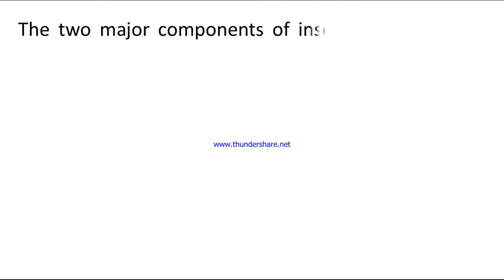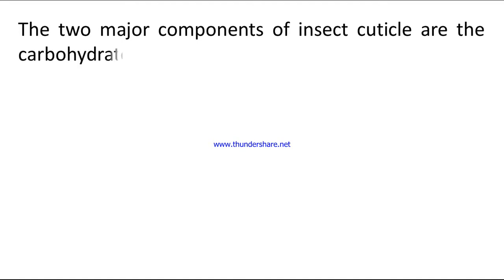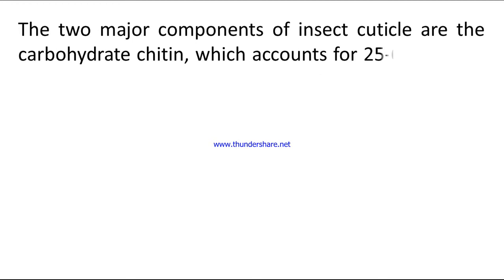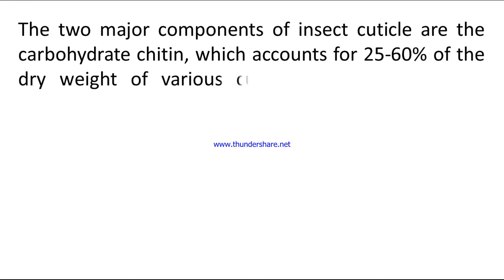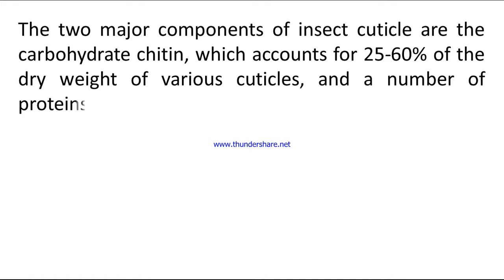The two major components of insect cuticle are the carbohydrate chitin, which accounts for 25 to 60% of the dry weight of various cuticles, and a number of proteins.